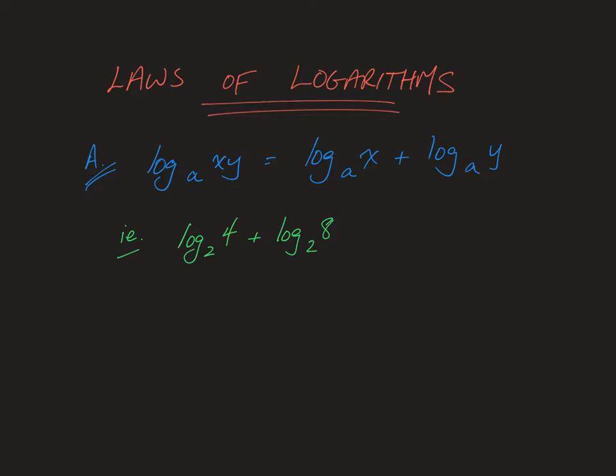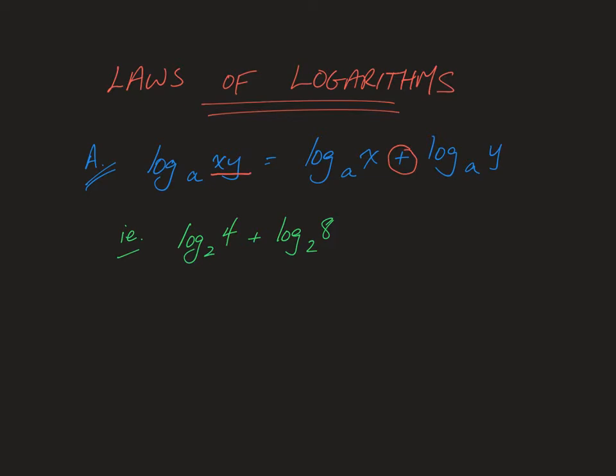Really what that is, if we break down the notation, is it says that if I have multiplication inside my log, I can break that apart into the addition of two logs. And if we recall from last time, really logs are just powers, but looking at them from a different perspective. That means logs are exponents.